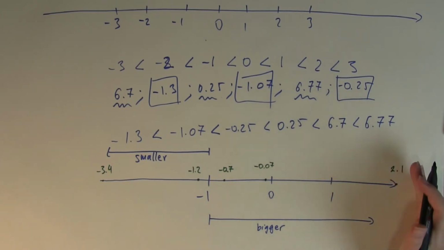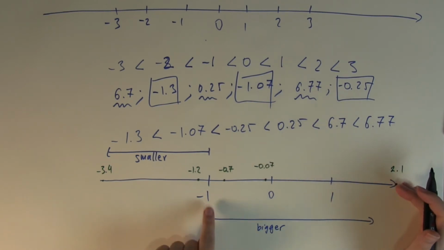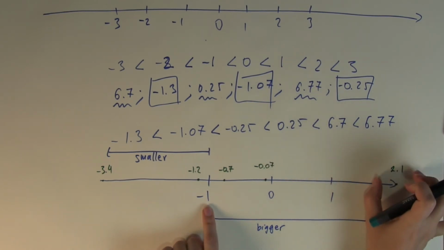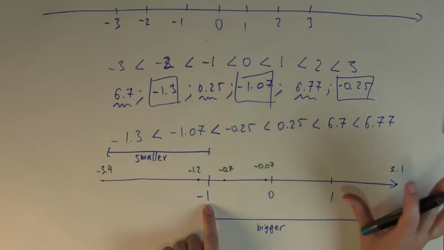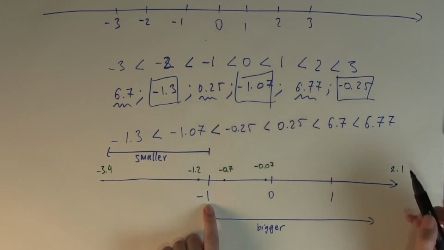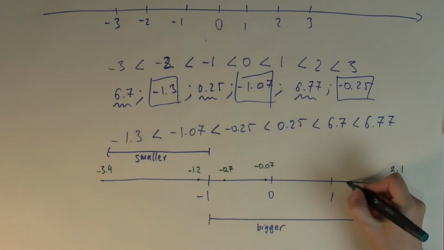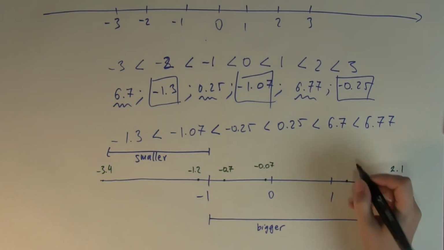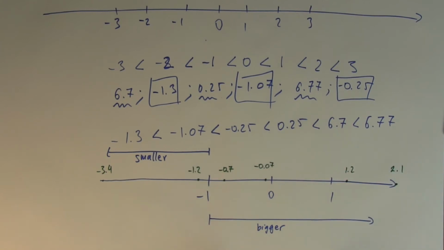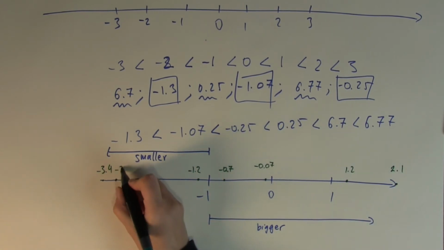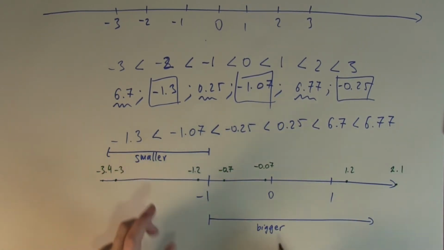Now, any positive number will always be bigger than -1, so anytime you see a positive number, you can straight away say that yes, this is bigger than -1. That's true for 1.2 as well, which would be somewhere around here on the number line. And the last number to look at is -3. So -3 would be somewhere around here, and that is still smaller than -1.